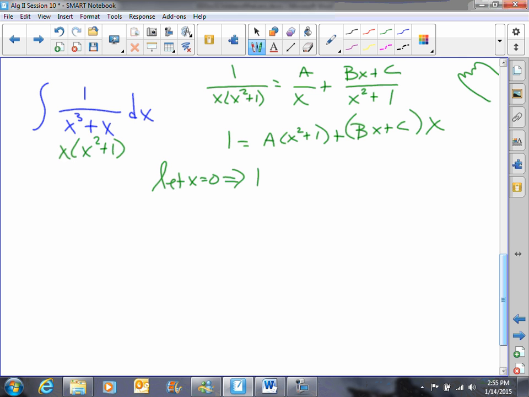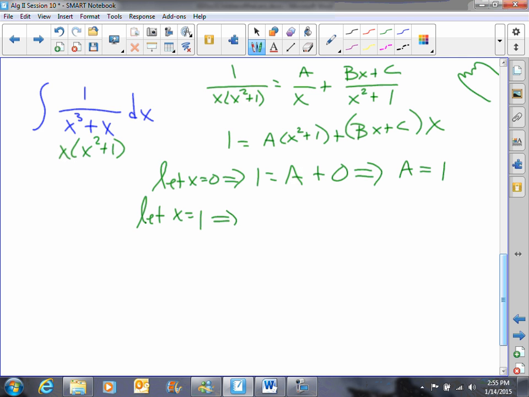That gives us 1 equals a times 1 plus b times 0 plus c times 0, which is 0. So that gives us a equals 1. Now, we still need to know what b and c are. We don't have any more really wonderful values here. So let's try this. Let's let x equal 1.